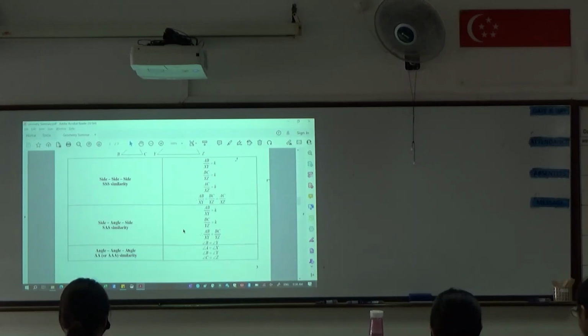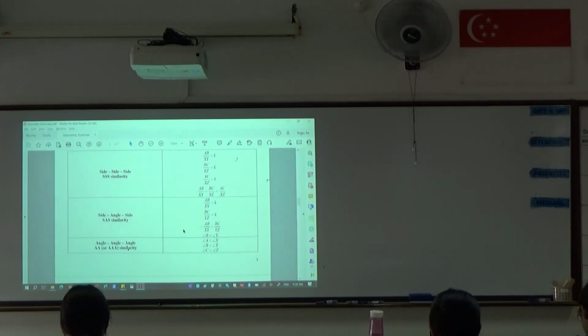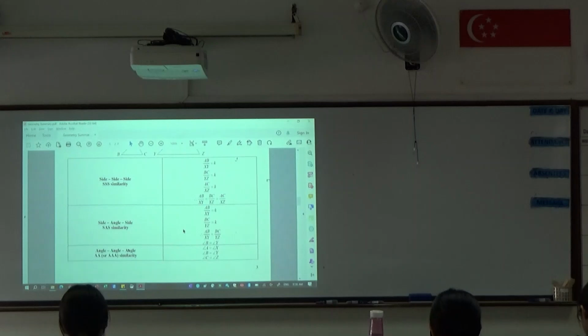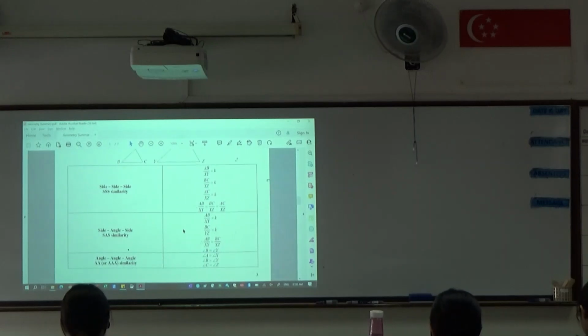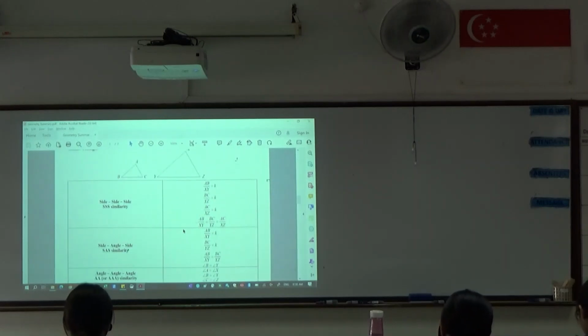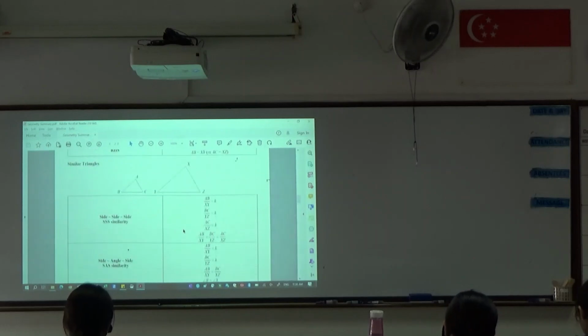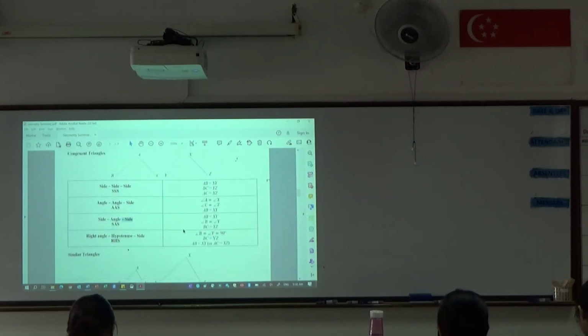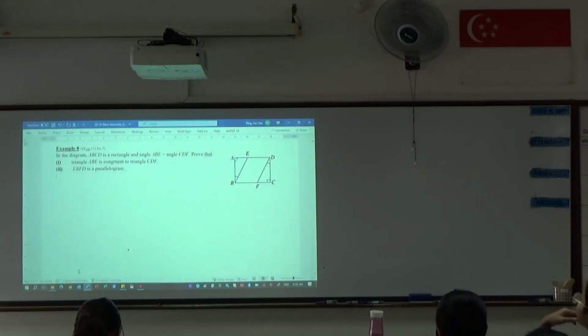You can never have an AAS test, because AAS has only one side. Having the ratio of 1 pair doesn't tell us anything. I hope that realization will help you remember whether AAS is even a test for similarity or not. For similar triangles, there must always be at least 2 S's, never only 1 S. So that is what I wanted to say.